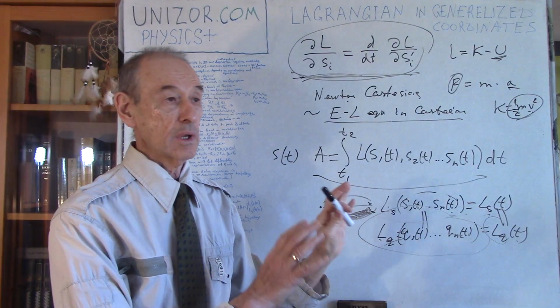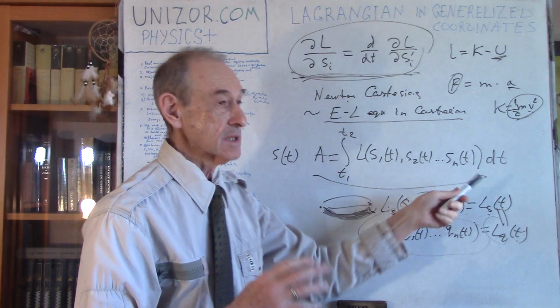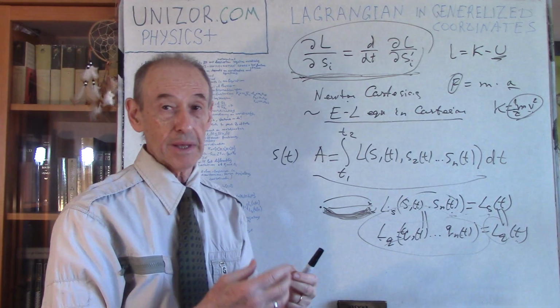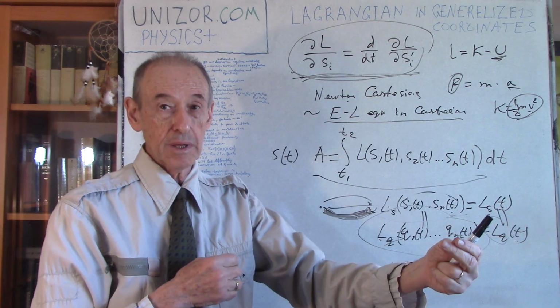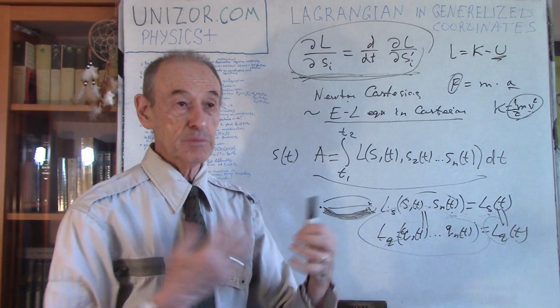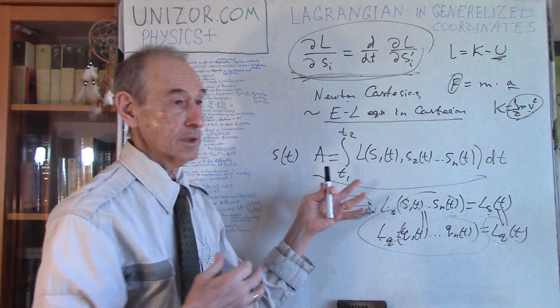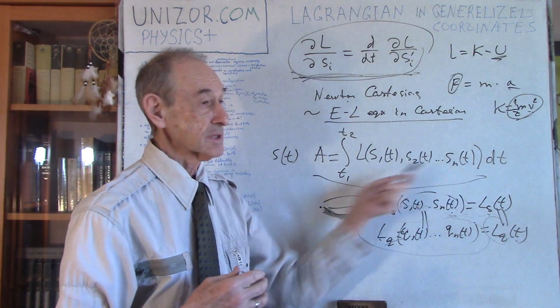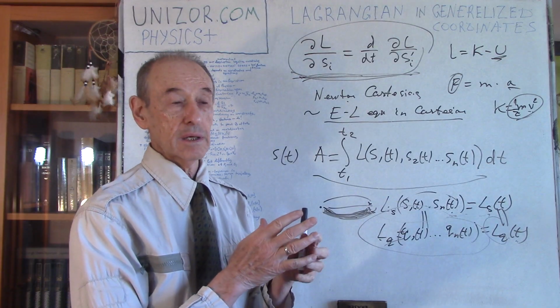Forget about how. Now the functional is independent of the system of coordinates, and the trajectory is independent. So whatever we find in one system of coordinates must be exactly the same as what we find in another. The minimum of this particular functional is independent, as the functional itself is independent of coordinates.